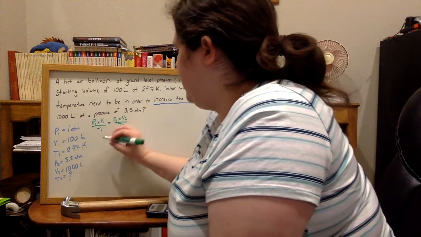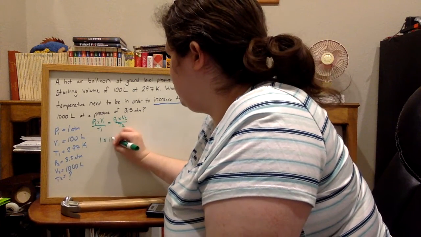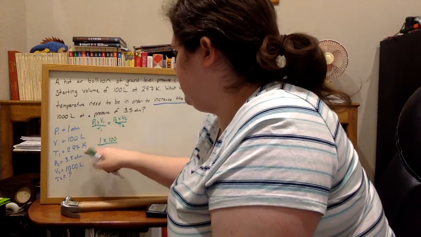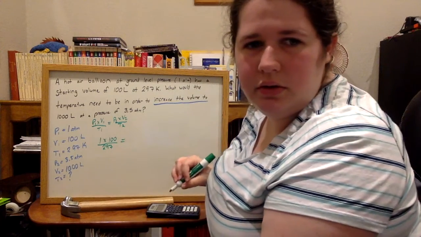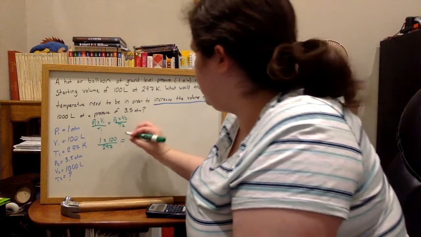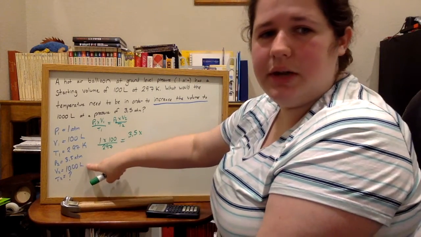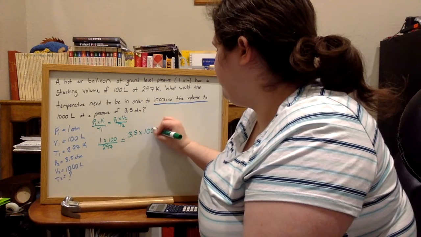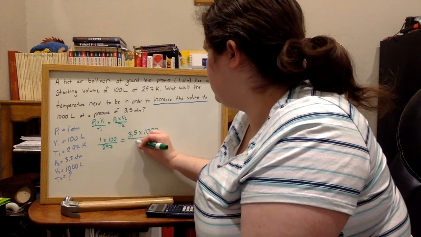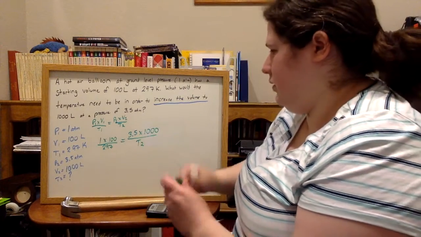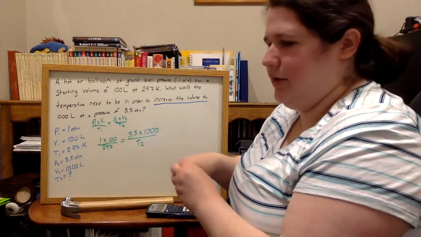So P1 is 1 atmosphere times V1 is 100. T1 is 297. Is equal to P2 is 3.5. V2 is 1,000. T2 is what we're solving for.